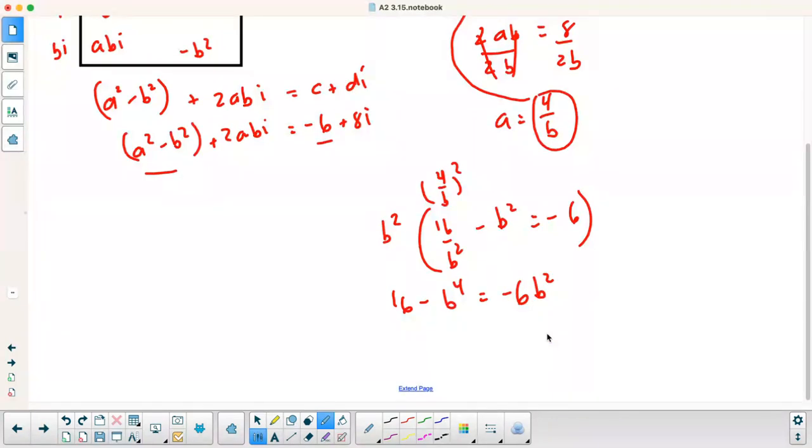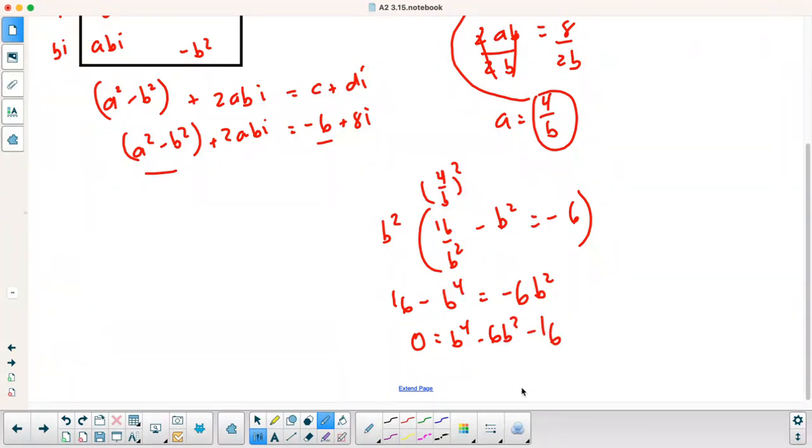Kind of crazy here. We have a b to the 4th power, we have a quartic equation. So let's move everything over to the right. So I'm going to get 0 equals positive b to the fourth minus 6b squared minus 16.